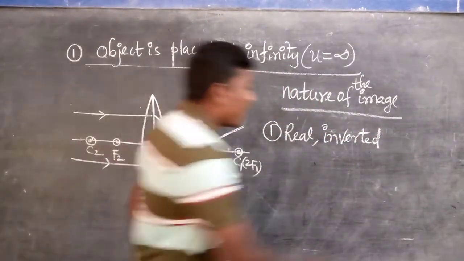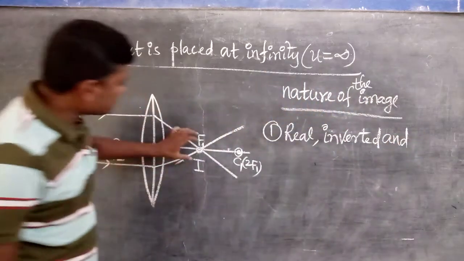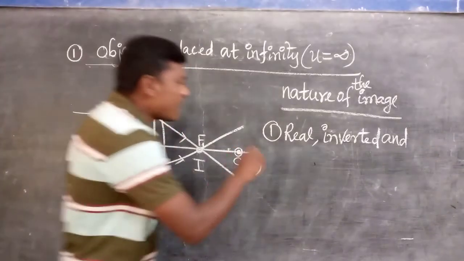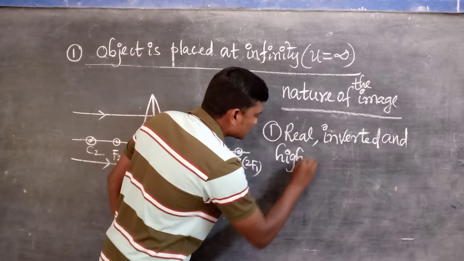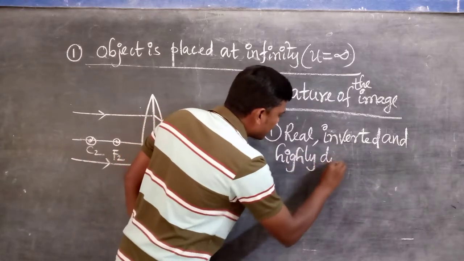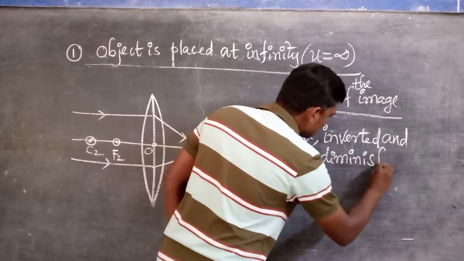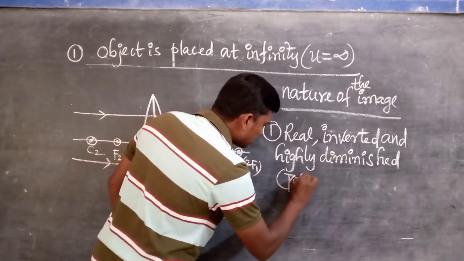Real, inverted, and so which type of image will be formed here? Real, inverted and highly diminished. Highly diminished is nothing but point size.